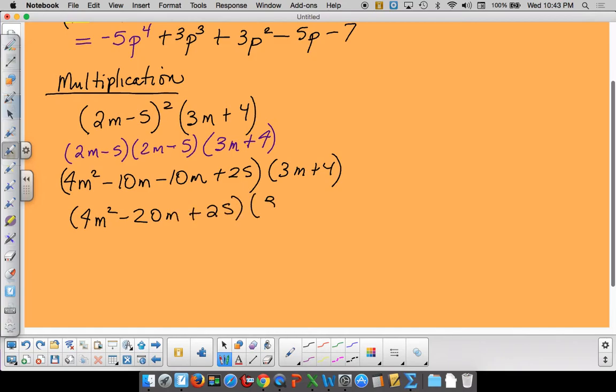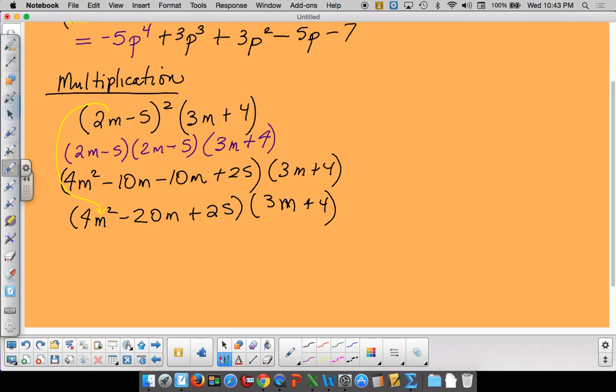Now, I am perfectly fine if you FOIL a binomial and end up doing just a complete FOIL out like I did. But there's also the much easier way to notice the pattern when we squared 2m minus 5. You'll notice, in reality, in the final answer, we squared 2m, which gave us the 4m squared.